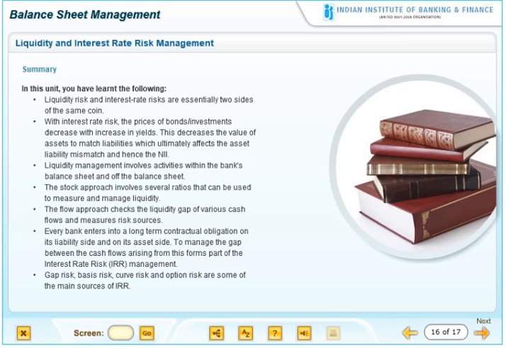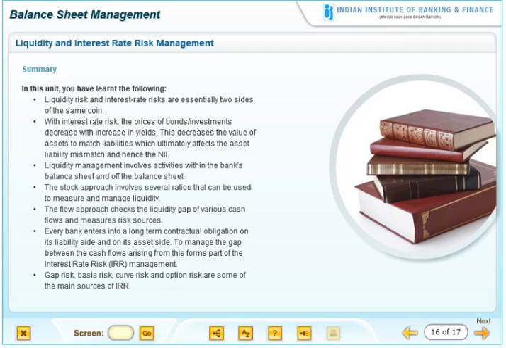Liquidity management involves activities within the bank's balance sheet and off the balance sheet. The stock approach involves several ratios that can be used to measure and manage liquidity. The flow approach checks the liquidity gaps of various cash flows and measures risk sources.